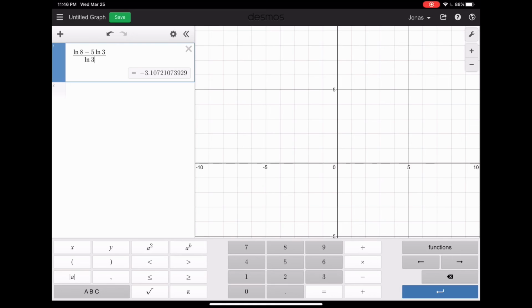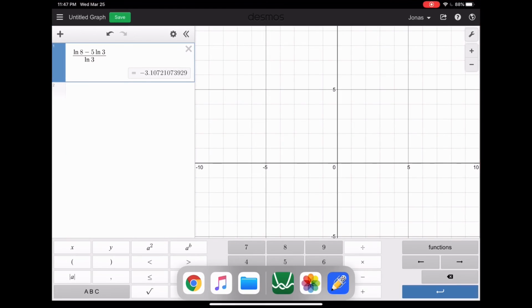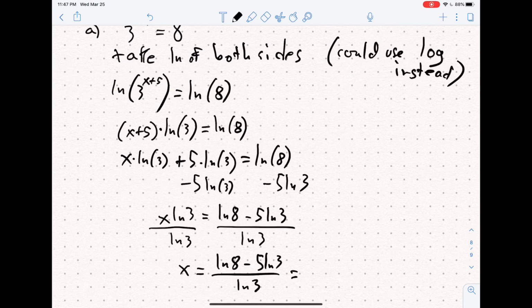And altogether, this is equal to negative 3.107. And we'll make it approximately negative 3.107. We make it approximately because we rounded that off. So this is what our x is, approximately equal to.